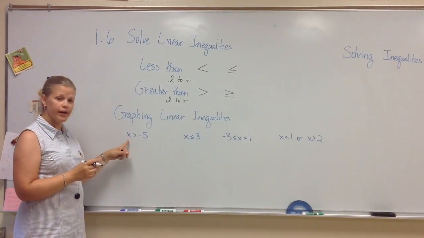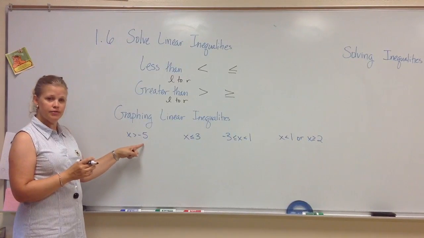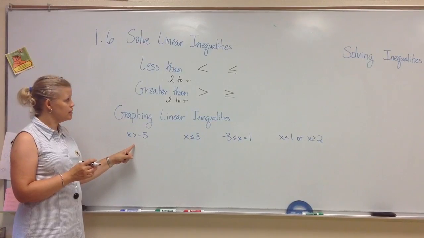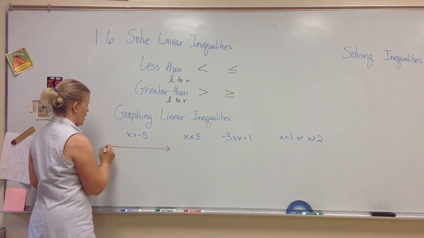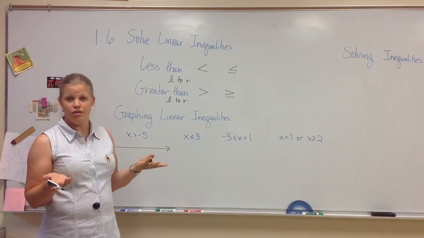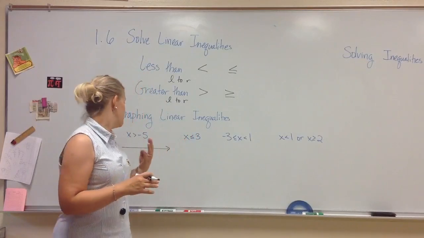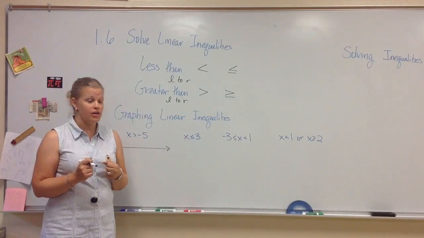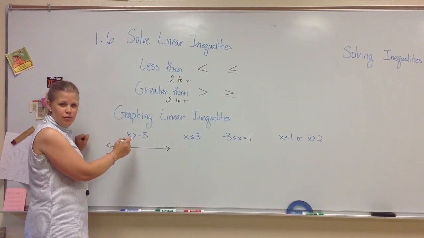So like down here, we're saying x has some relationship to -5. Do you guys know what this is? Well, look back up there. It's greater than. So there's lots of numbers that are greater than -5. -4, -3, -2. It could be -1.5. It could be 2/3.